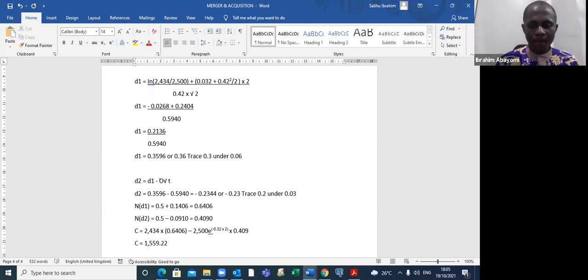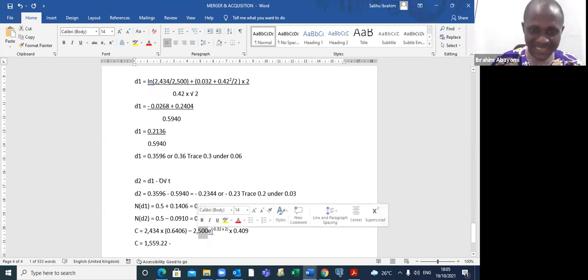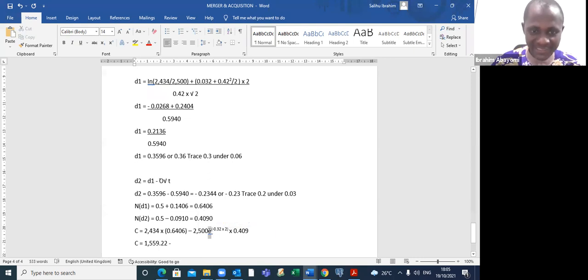So 1559.22 minus, now this one simply means that you are taking the exponential function. This E represents the exponential function. This is what I'm going to do. Take your calculator, press 2,500. Have you done that?